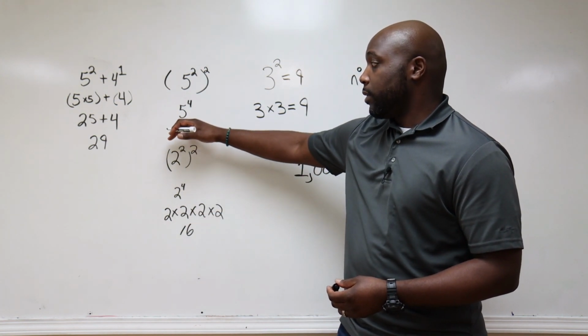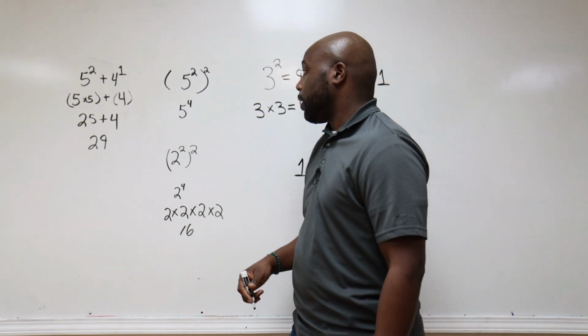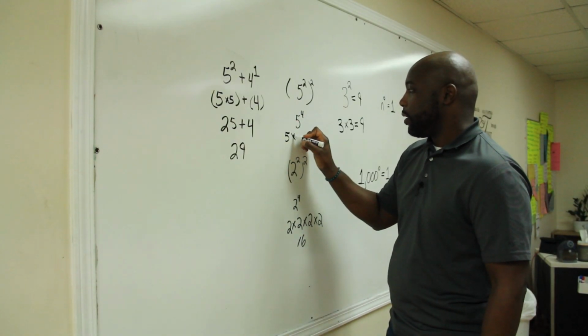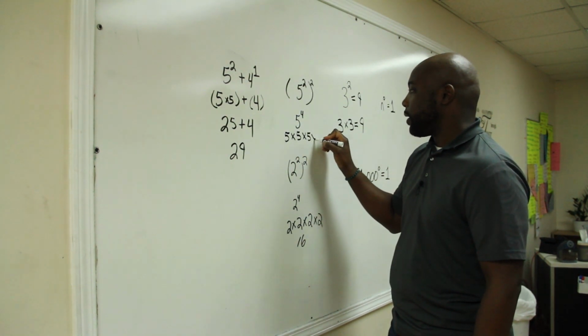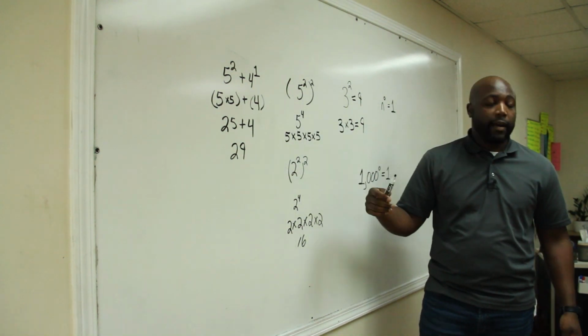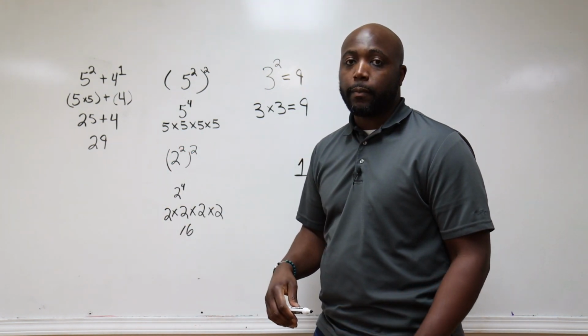Now, we can do the same for the 5 if the problem calls for that. If it says simplify it further, we'll do 5 times 5 times 5 times 5, which means we have a little bit of math to do, right? Because we're working with a larger number.